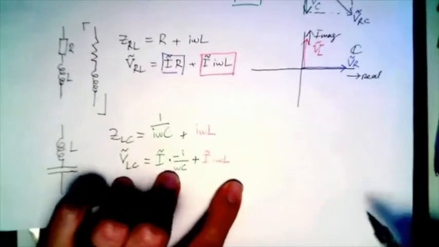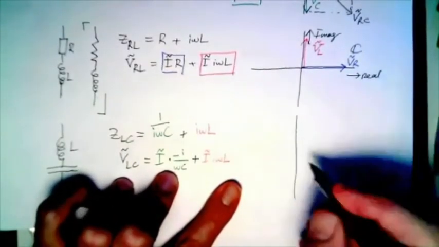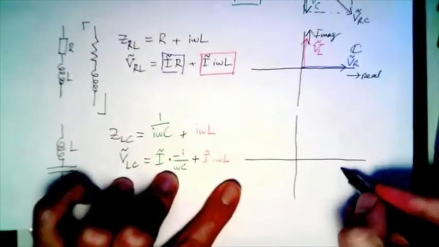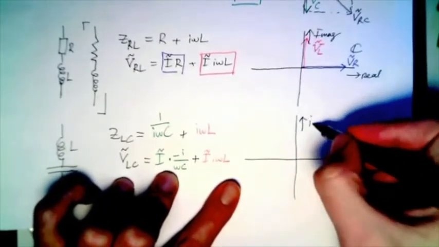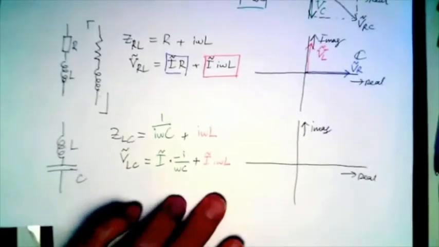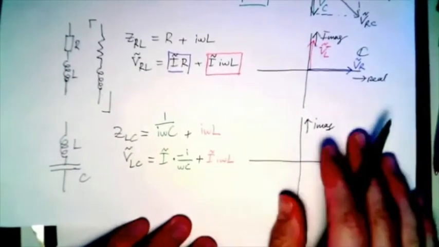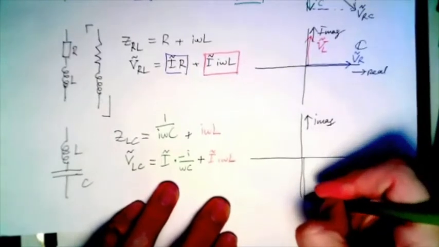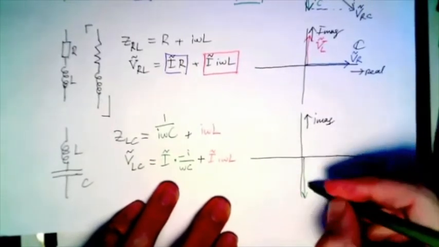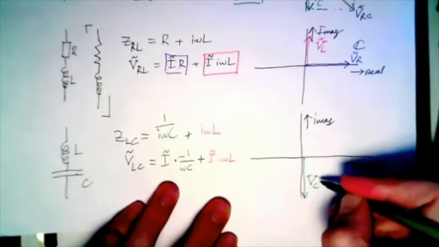All right, so in the complex plane, the capacitor is down. I'm drawing it right next to the imaginary axis because otherwise it's a little hard to see.